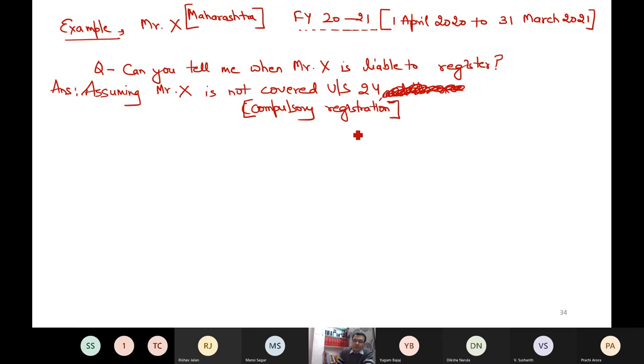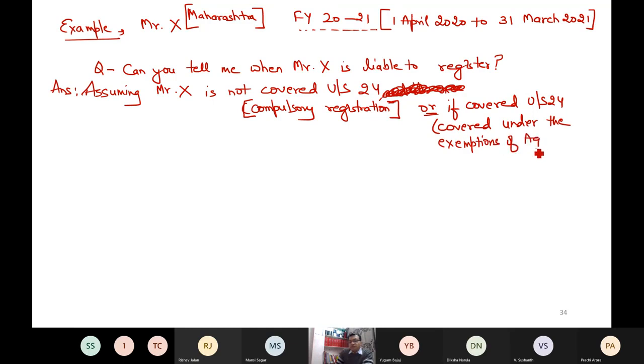Assuming Mr. X is not covered under section 24 compulsory registration, or if covered under 24, then covered under the exemptions of aggregate turnover limit.